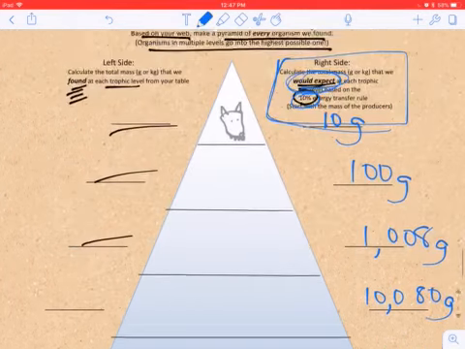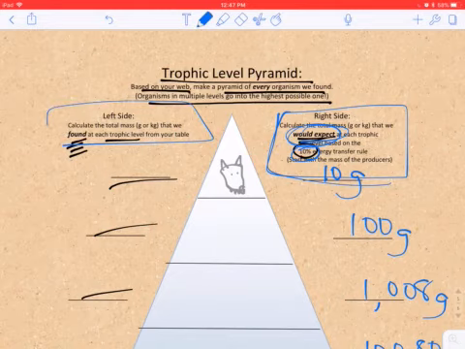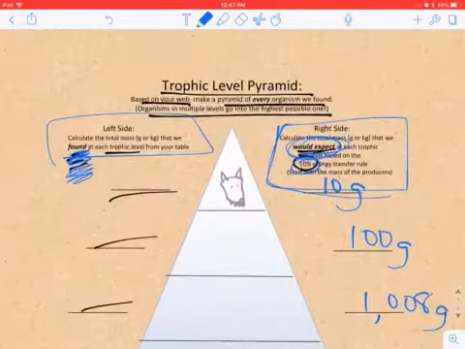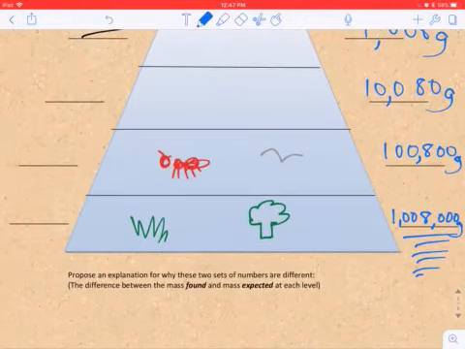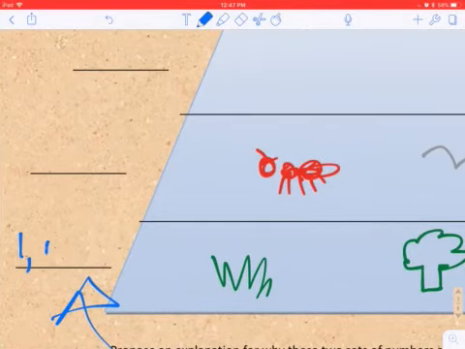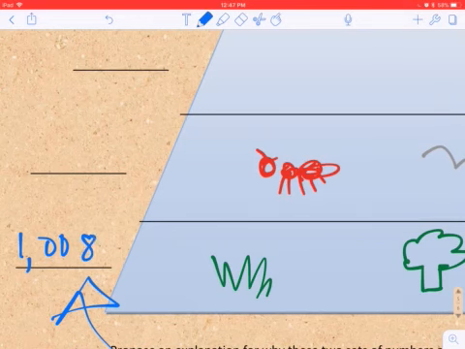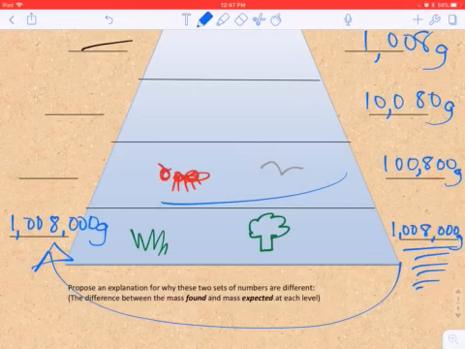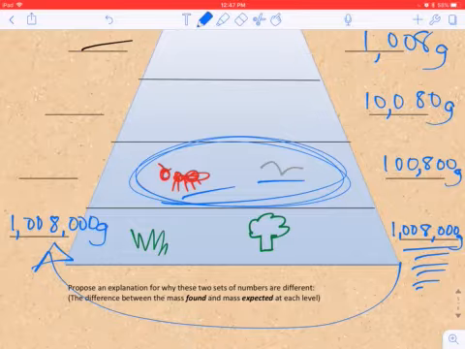Over on the left side, we are going to calculate what we actually found. That was the whole point of the whole table up there and all those calculations. So this number is going to be the same. That number goes there. But now we're going to have to add up the organisms at each level. So let's say I only had ants and doves right here.